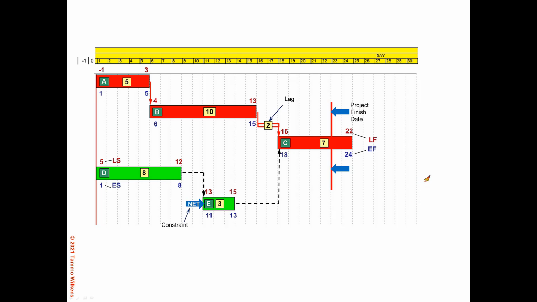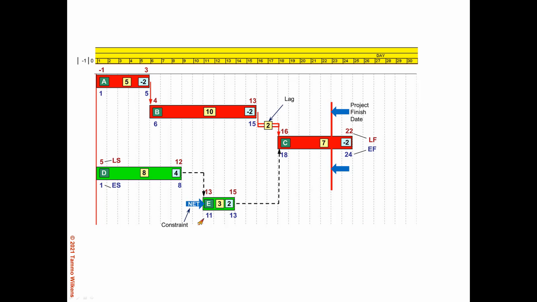Now when we look at our float, we notice activity C has -2 days of float. It's the same with activity B and activity A. You take late minus early, 22 minus 24, 13 minus 15, and so on. So we have 2 days of negative float. Activity E has 2 days of positive float, and activity D has 4 days of positive float.